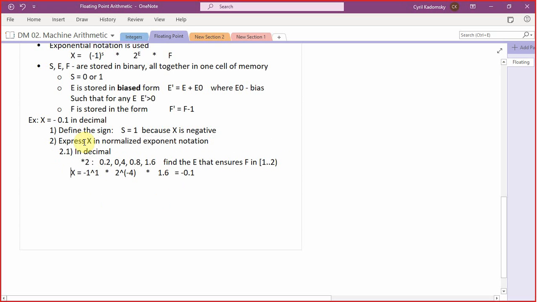First we try to multiply a number by 2 and find the power that gives us the desirable range of fraction. And actually the power that we used, power 1, 2, 3, 4, negated, will be the exponent. But there is a shorter path, which will be 2.2.